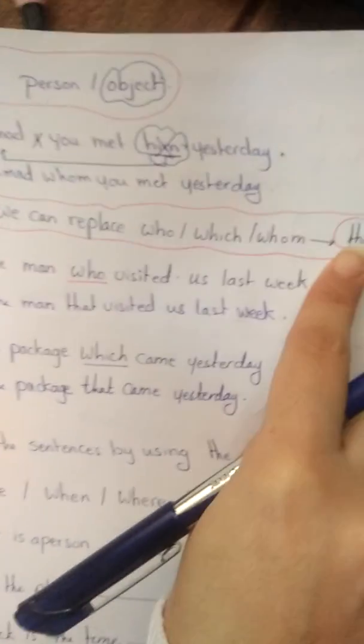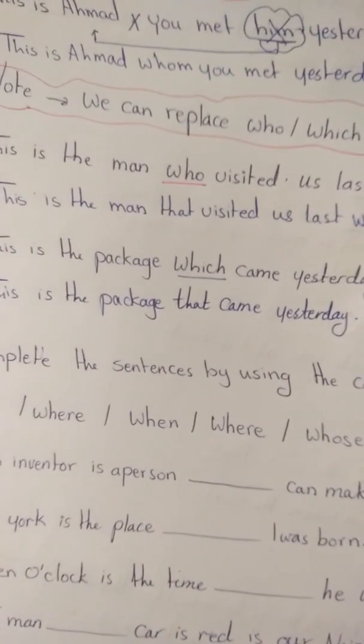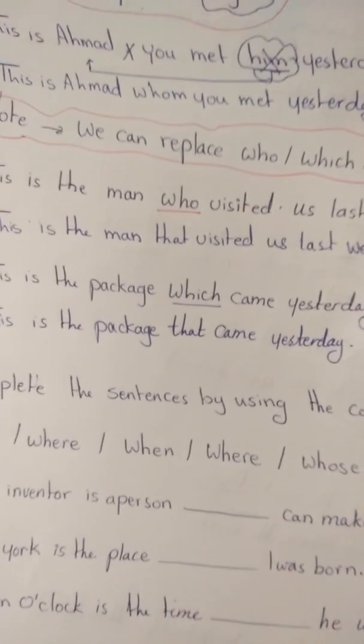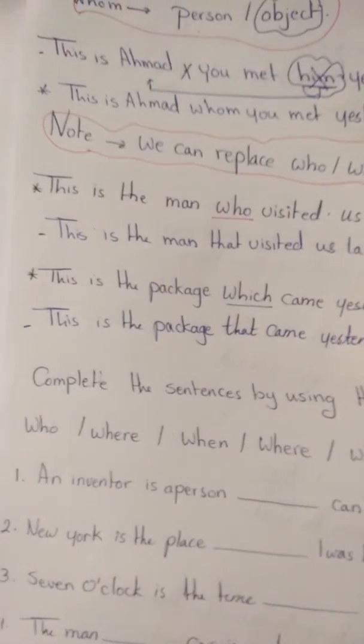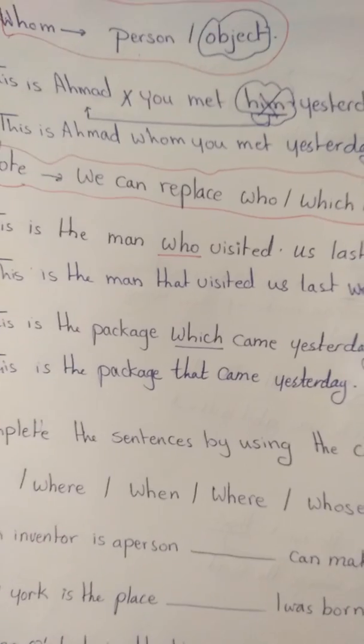Now, as I said, the relative clauses are who, which, where, when, whose, whom, and that. We can use them to make two sentences into one sentence. The question is, how will the relative clause come in the exam?